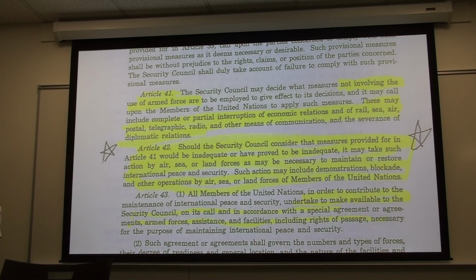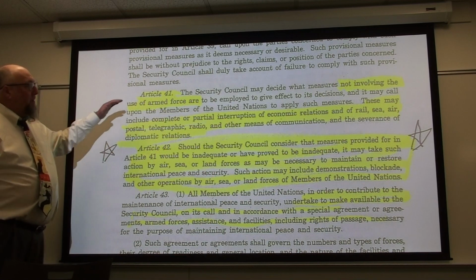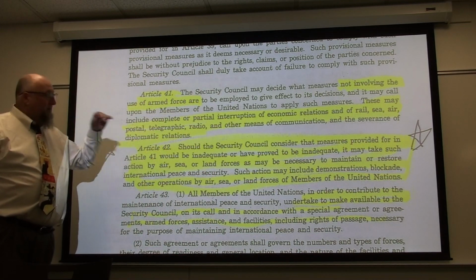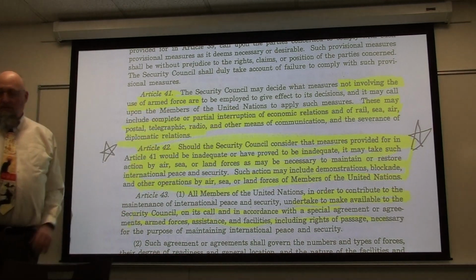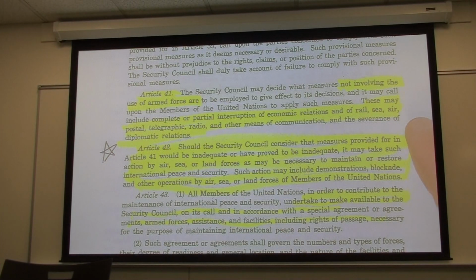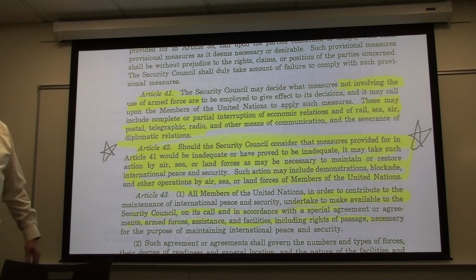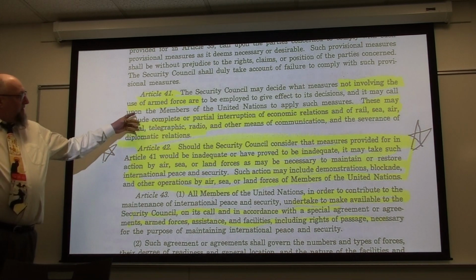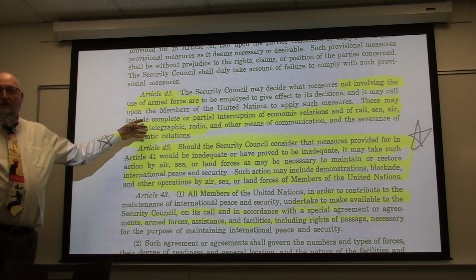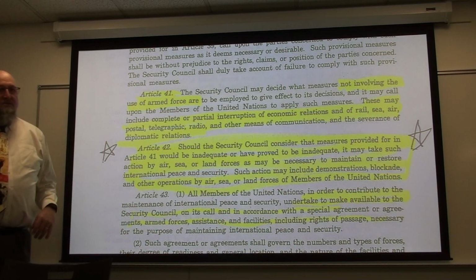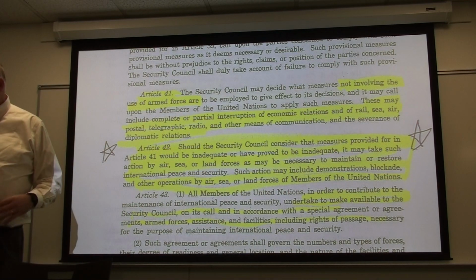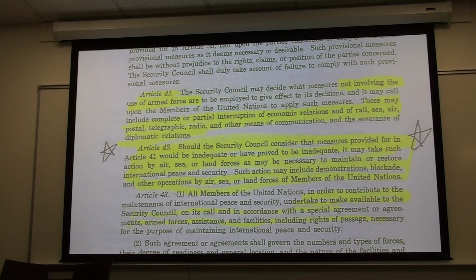within the Charter of the United Nations the ability for the Security Council to engage in measures to enforce breaches of international peace through non-military force under Article 41, so that would be like economic sanctions, embargoes, trade restrictions, things of that nature.